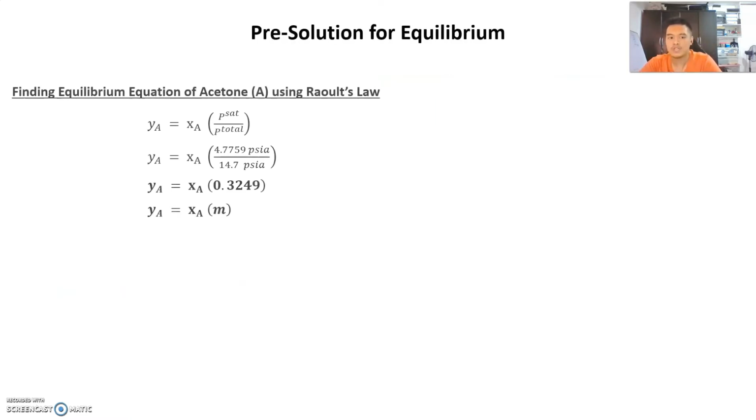Then the pre-solution for equilibrium, we need to find the equilibrium equation of acetone. So using the equation derived earlier and substituting all necessary values and givens, we found out that the Psat over P total ratio is actually 0.3249, and we will call that M, which is the slope of this relationship line.